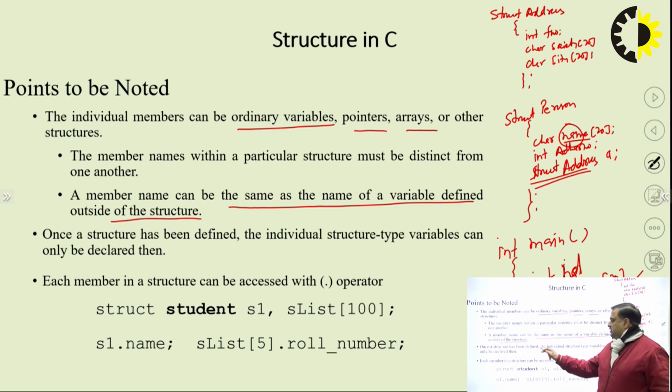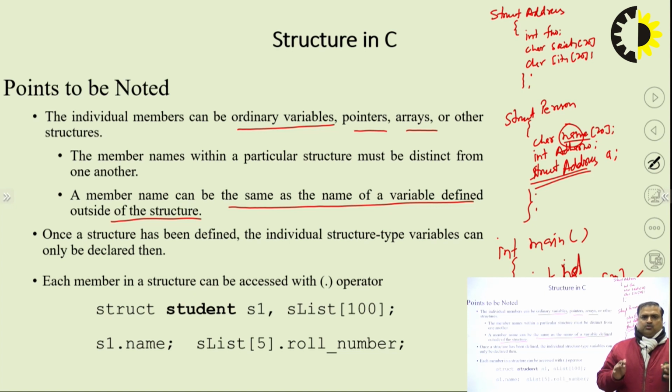Once a structure has been defined, the individual structure type variable can only be declared then. Once its template is defined, once its blueprint is given, then we can create a variable of that type. Each member in a structure can be accessed with the dot operator.